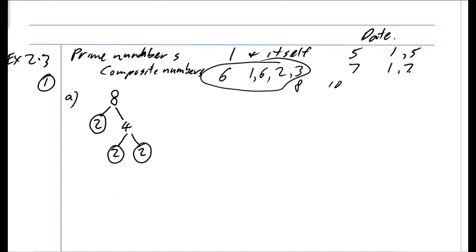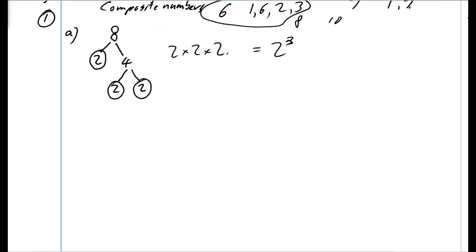So we can see here that the prime factors of 8 are 2, 2, 2, which is 2 times 2 times 2. So that's the product. The product of 2 times 2 times 2 equals 8, and you can rewrite that in index form. That's 2 cubed. So what we've done, we've found the prime factors of 8, and we've written it in index form.